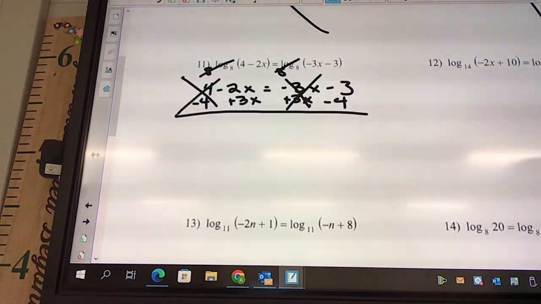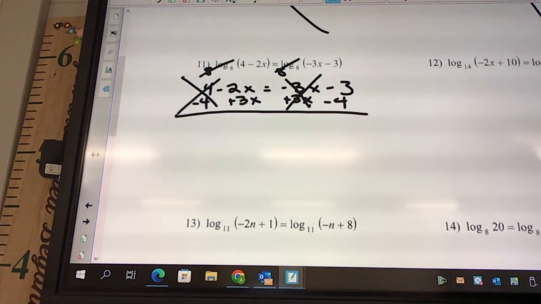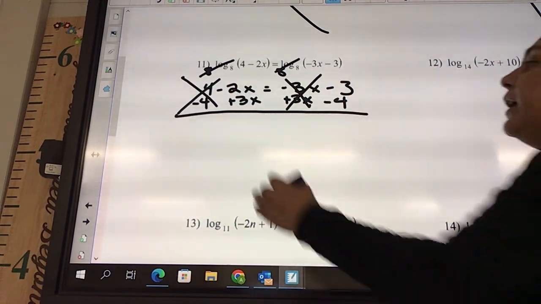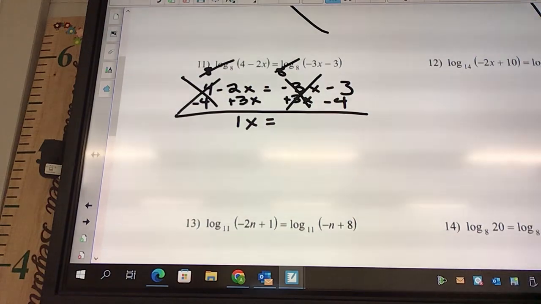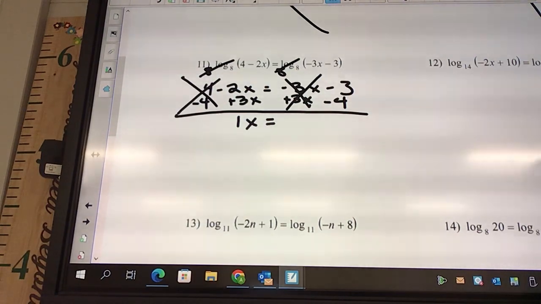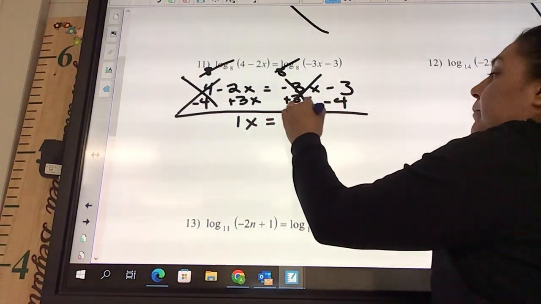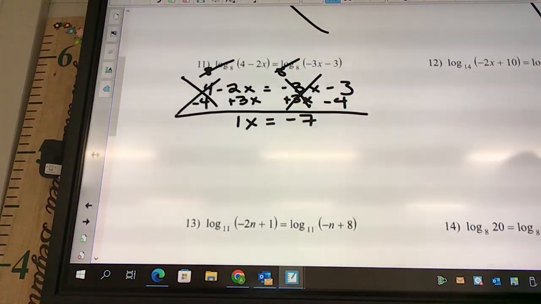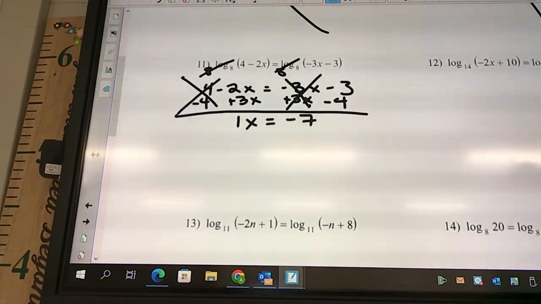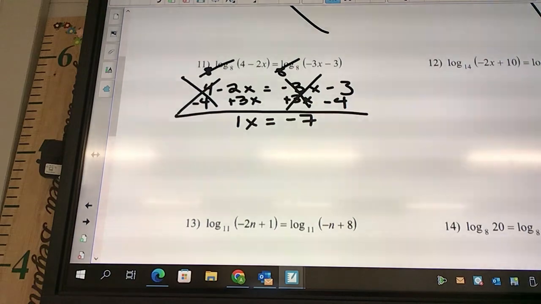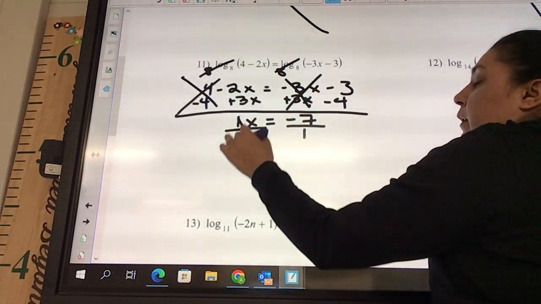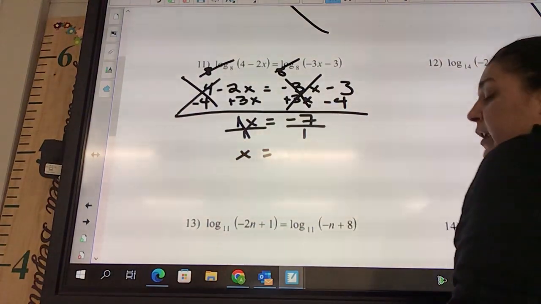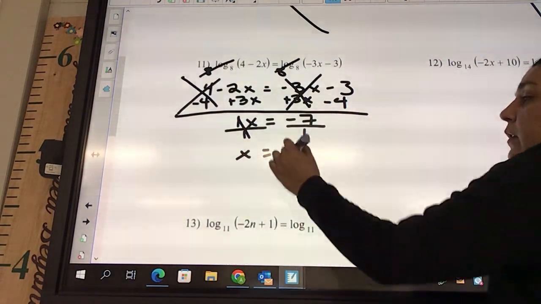Negative 2 plus 3 is 1x equals negative 3 minus 4, which is negative 7. And then what? Divide by 1. What is negative 7 divided by 1? Negative 7.